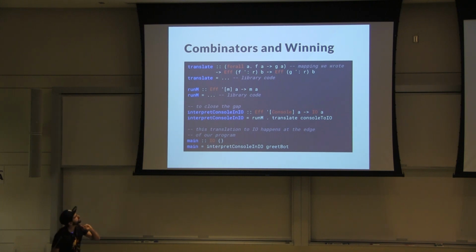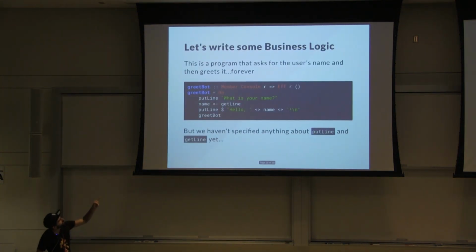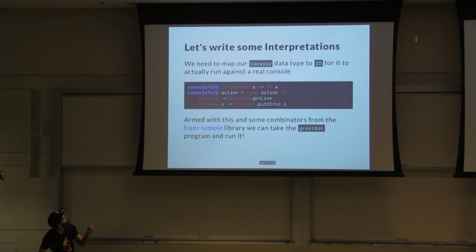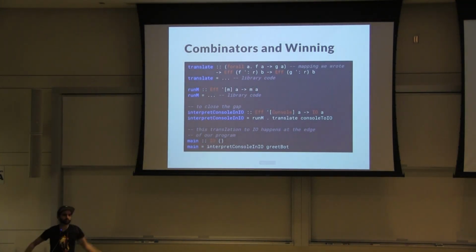I just realized that the polymorphic r that you see here is a type level list, right? Like I said, we jam a bunch of effects together in this type level list, and we interpret out those effects one by one until all we have is one. And then this runM sheds all of that, and we're back in the regular monad that we might have used.